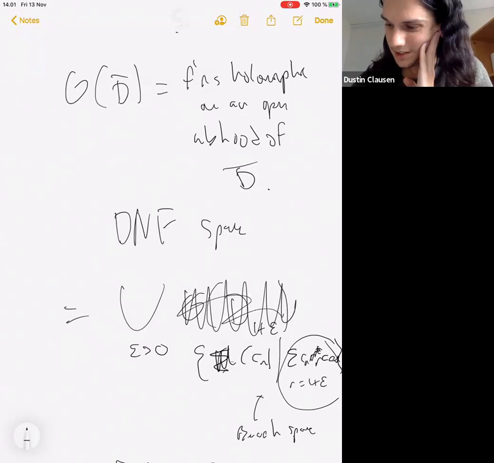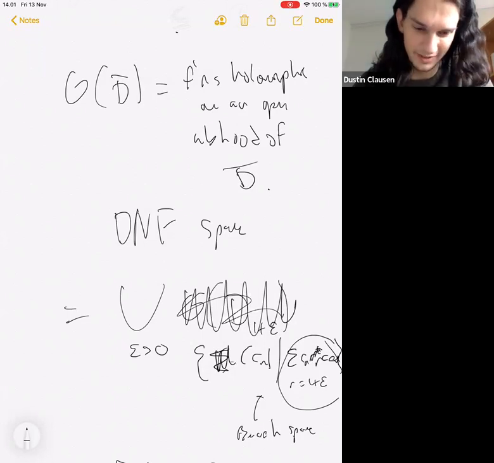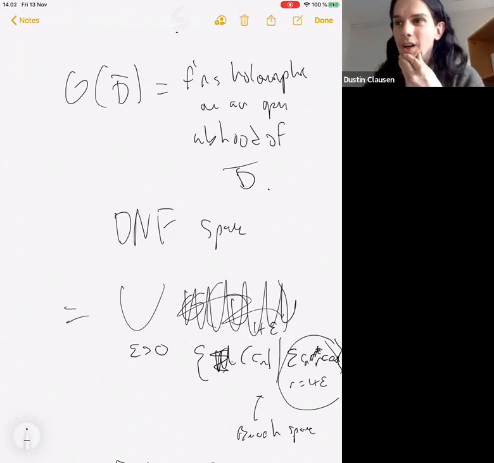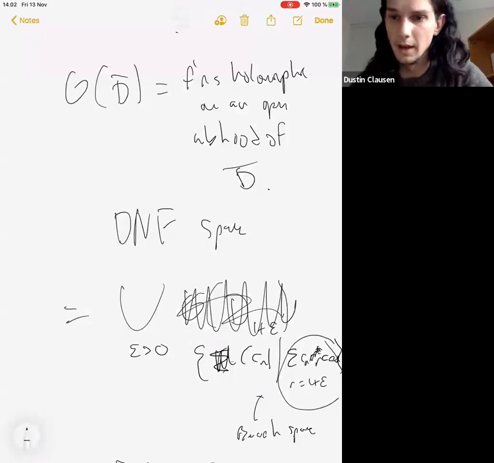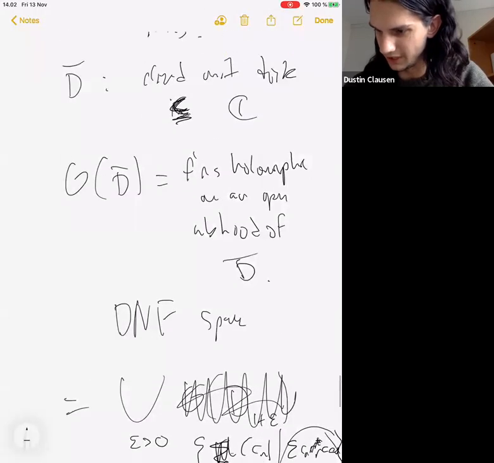But you can check, using the Cauchy integral formula relating the values of a holomorphic function or its derivatives to the Taylor coefficients, that the comparison between these things is very easy. In fact, it's very difficult to write down the wrong topology on a space of holomorphic functions. So that's a basic example of a dual nuclear Fréchet space.